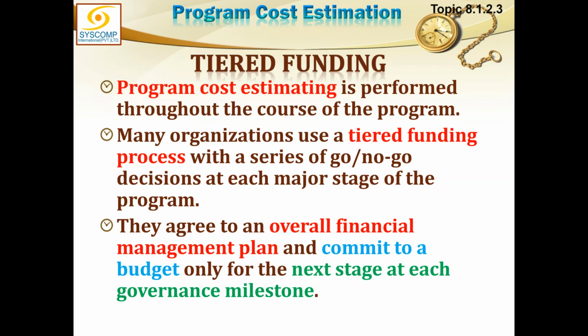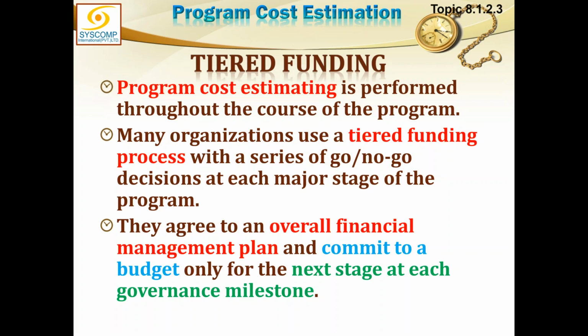So, program, as we know, is a very long endeavor. We may be going on with a program for a decade or so. So, the whole of the budget for the program is not decided out front.